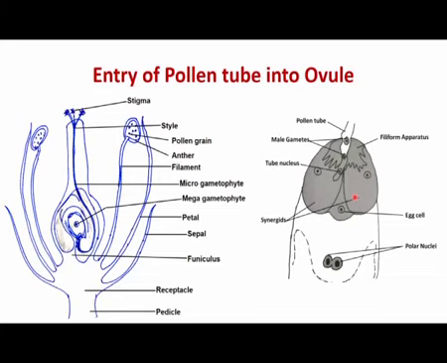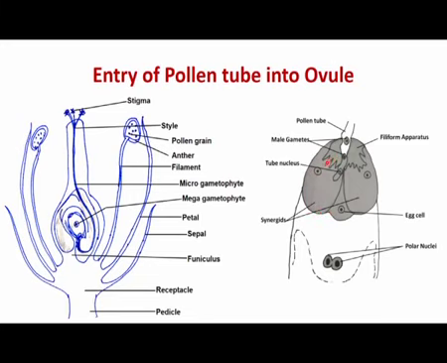So, as soon as the pollen tube enters into the ovule, the synergids secrete chemicals which are a chemoattractant for the incoming pollen tubes, and the tip of the pollen tube gets inserted into one of the synergids.